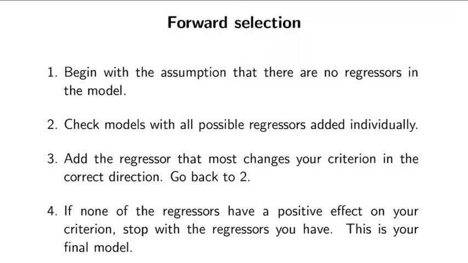We may do forward selection with the AIC, with BIC, or with the adjusted R squared. We arrive at the final model when none of the remaining regressors has a positive effect on your criterion, and the regressors you have become your final model. Of course, I demonstrated that in class manually.